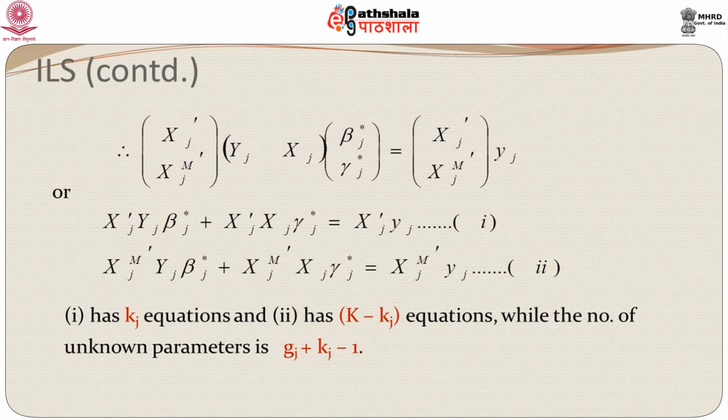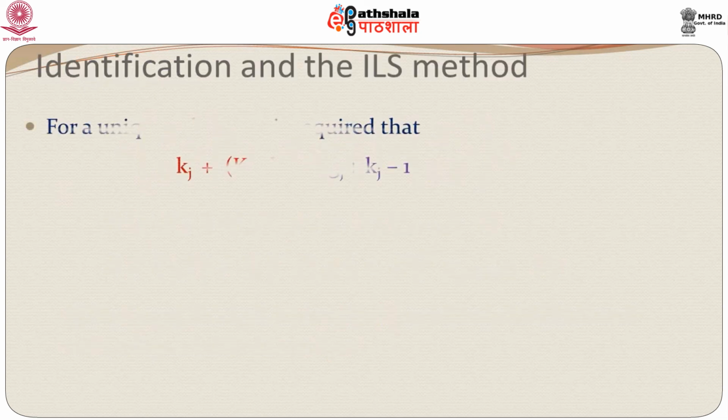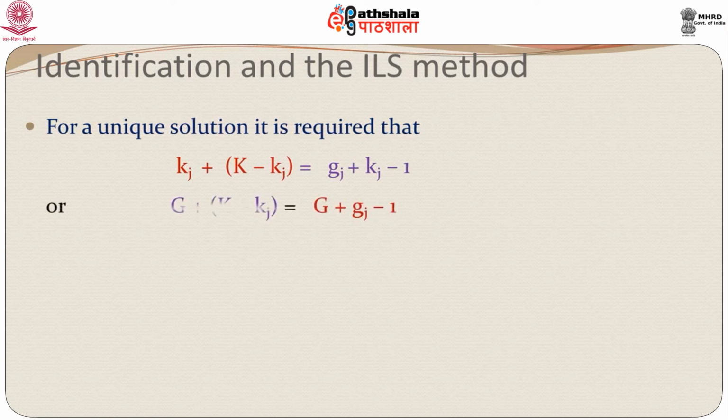So, given this, what we have is k equations in gj plus kj minus 1 unknowns. So, we can solve these equations and get the estimates of the parameter beta j star and gamma j star. But then for a unique solution, it would be required that kj, that is the number of first set equations in 1, and k minus kj is the number of equations in 2. This would be the total number of equations, should equal the number of unknowns.